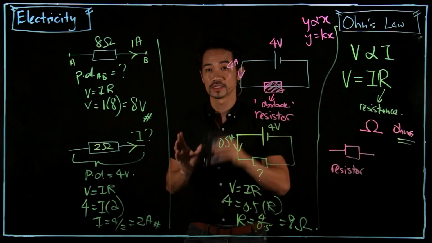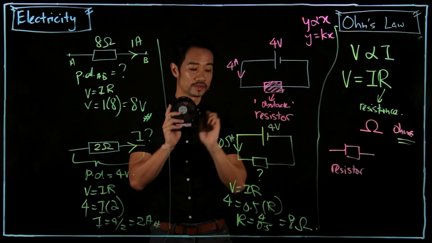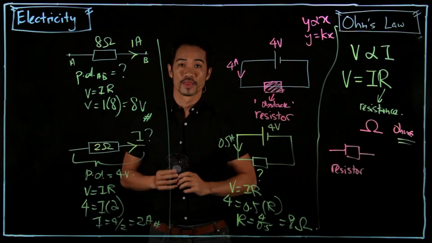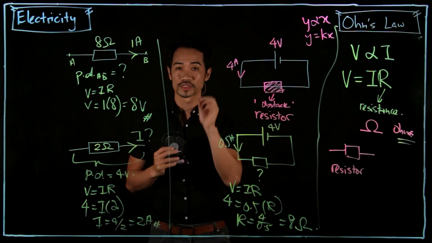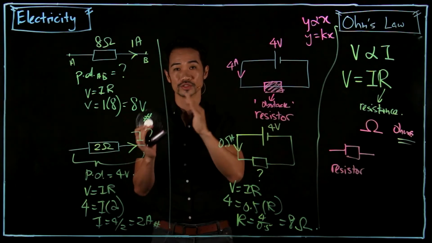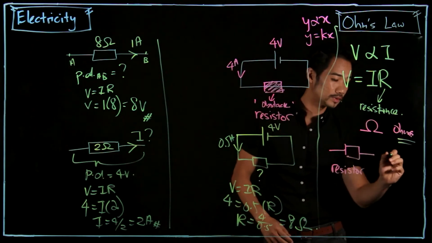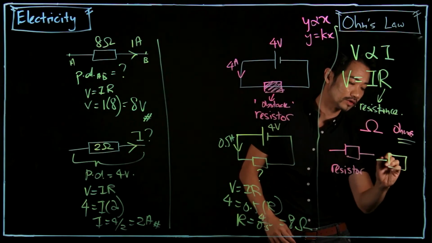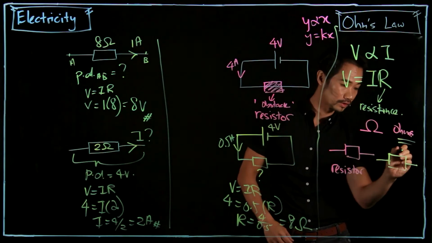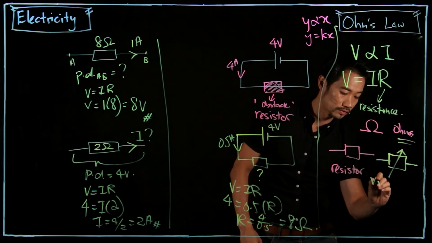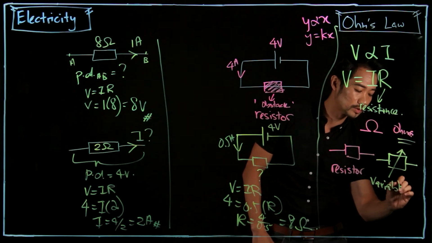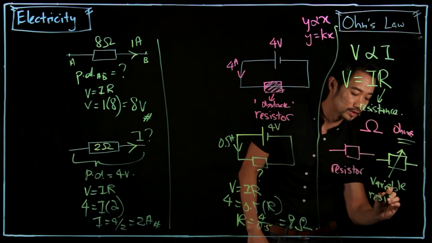So what is inside this device, inside the fan? There is a resistor. And the resistor is not just fixed, the resistor is changeable. So this is called a variable resistor. The symbol of a variable resistor is like this, a rectangle with an arrow. Variable means can change, resistor inside.